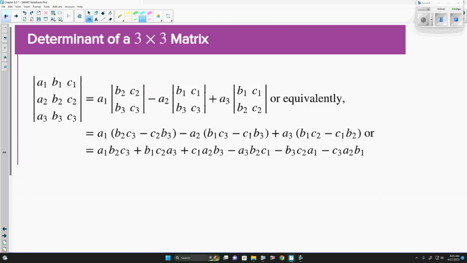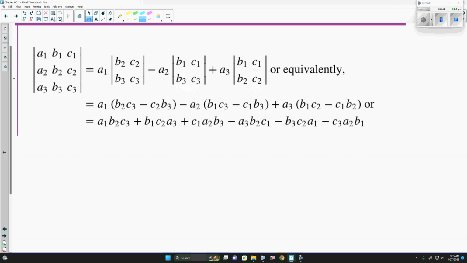Now I'm going to go back to this here. This is another way that we can find the determinant of a matrix. What we do is we pick a row or column. We pick a column here. So here we're going to pick column 1.